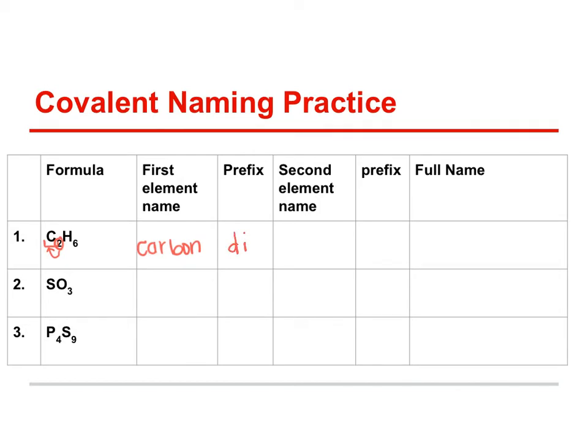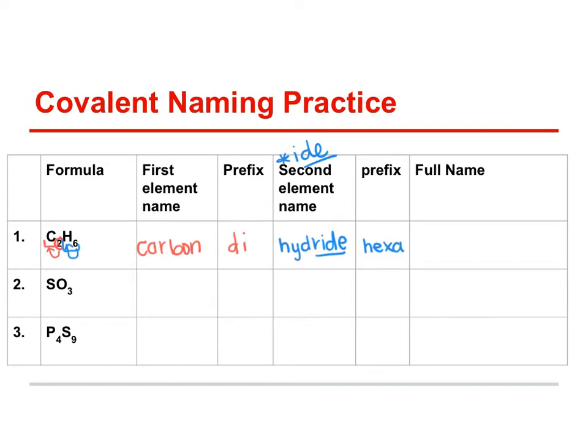Okay. My second element is hydrogen, but the ending is going to change to IDE. So that becomes hydride. Notice that "ide" ending. And there are 6 of those. So the prefix for 6 is hexa.